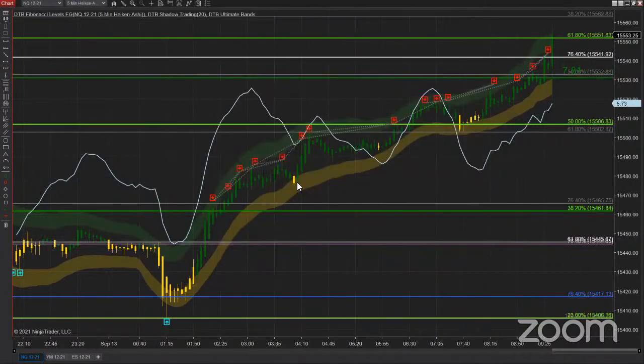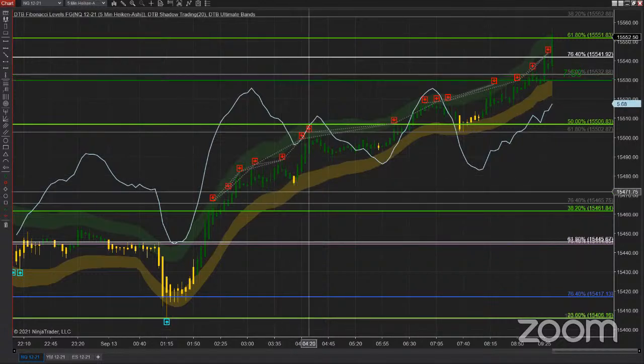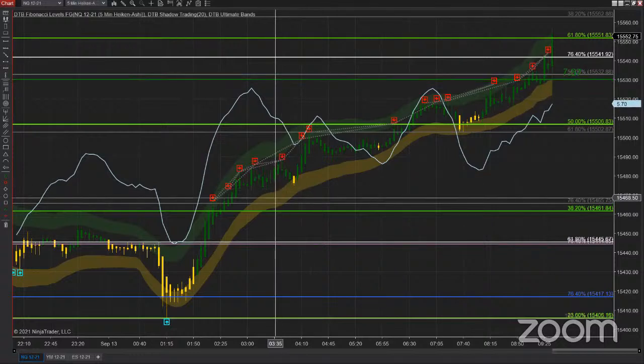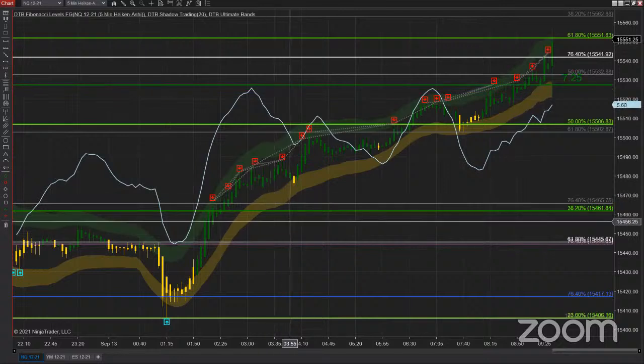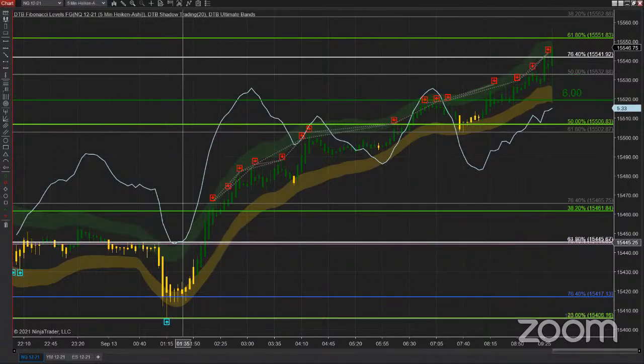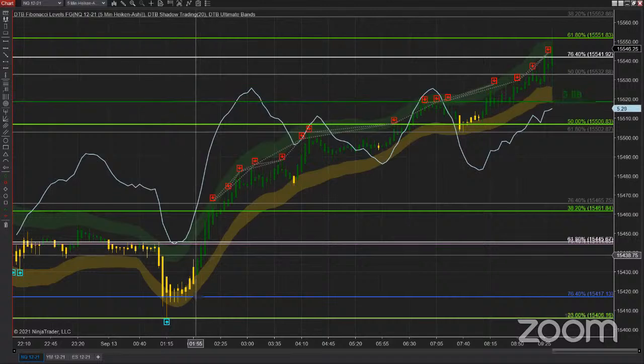So the benefit with using any of the time period bars with these indicators is the shadow trading indicator is going to give you a very clear indication of who is in control of the price. I've colored the bars gold for when the sellers are in control and green for when the buyers are in control.